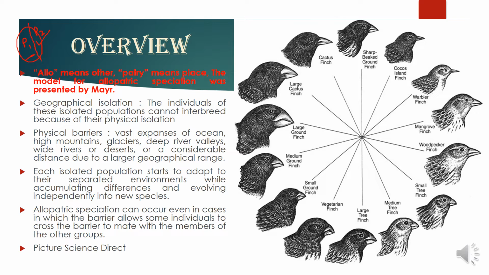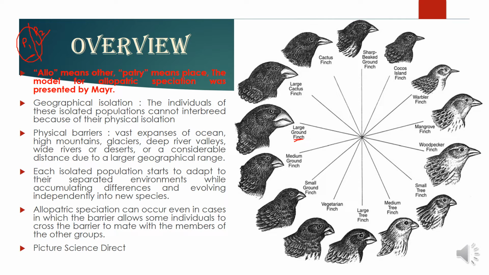Some of the islands are even barren with just cactus, and so depending upon the type of vegetation the island has, every finch on each and every island developed a different beak shape and size depending upon the food availability.